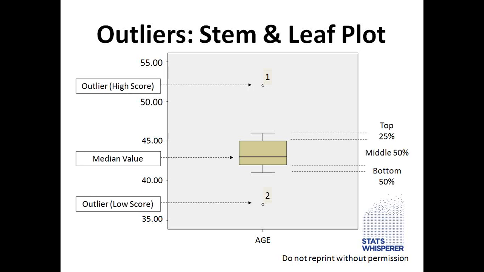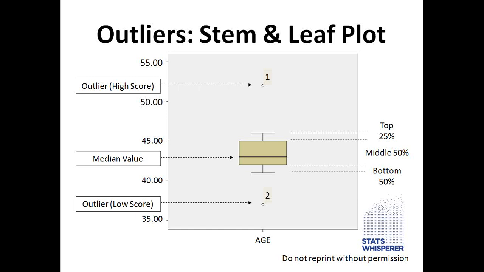If we were to kind of dissect it a little, sort of looks like this is what that is. So the 1, which is way above, so you see the scores on the left here, that's the high outlier. So the median value, you can see, is between 40 and 45, okay? And then you have one outlier that's a high score that's way up there in between 50 and 55, and another outlier that's a low score that's between 35 and 40.